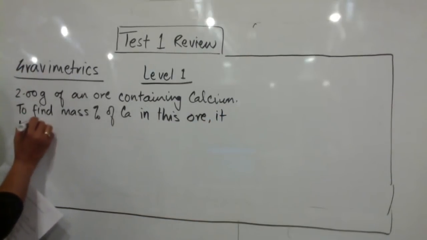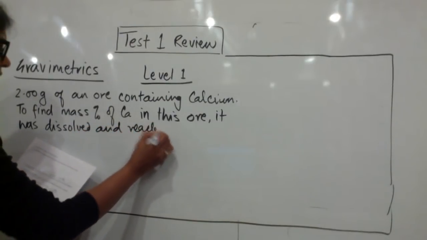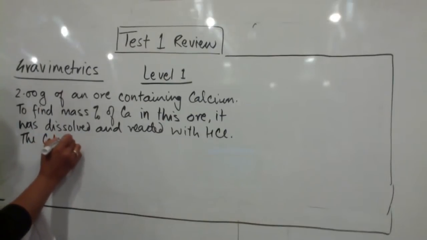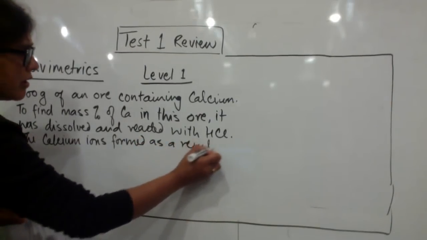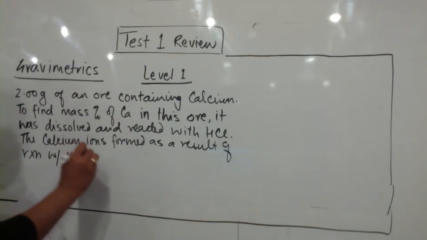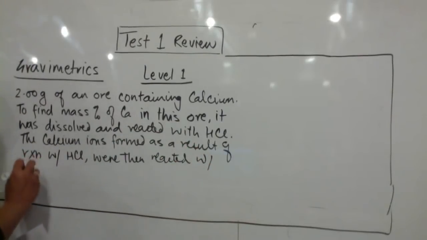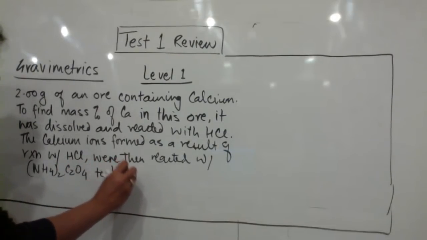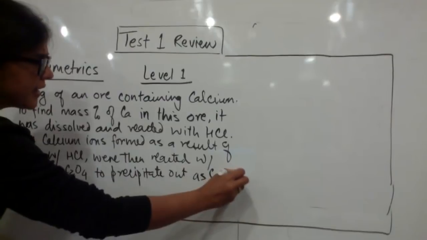It was dissolved and reacted with HCl. The calcium ions formed as a result of the reaction, RXN for reaction, with HCl were then reacted with a very scary looking chemical, ammonium oxalate, to precipitate out as calcium oxalate.